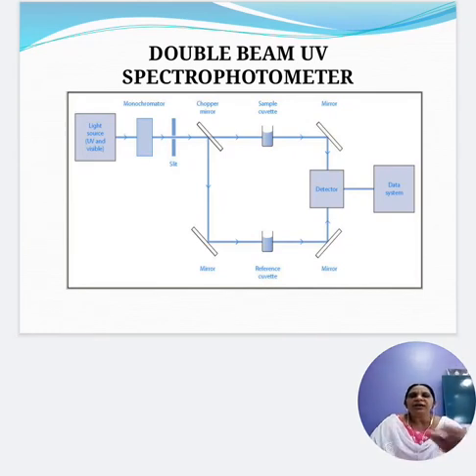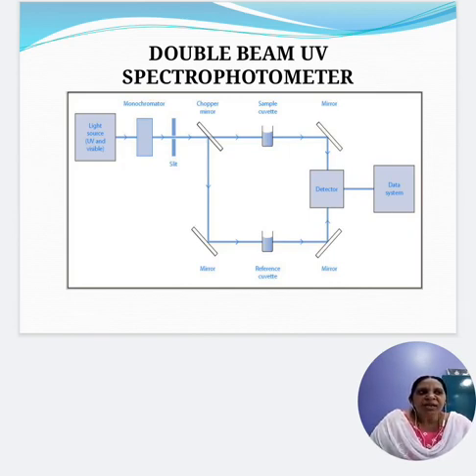Then coming to the double beam ultraviolet spectrophotometer. Single beam and double beam ultraviolet spectrophotometers are there. In the double beam spectrophotometer, we have the UV radiant source, and this radiation is made to fall onto the monochromator.